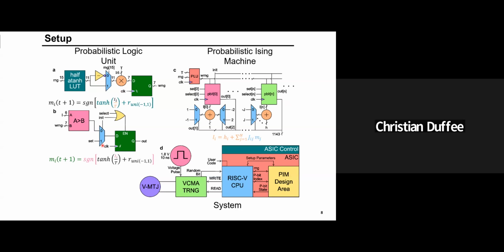Then each of the p-bits compares their input value, which is based on the influence of their neighbors, to this random number. In doing so, they can update their states to either the +1 or -1 state. Highlighted, you can see the corresponding aspects of the equation that are implemented by each portion of the circuit.